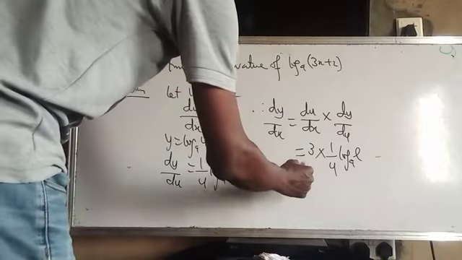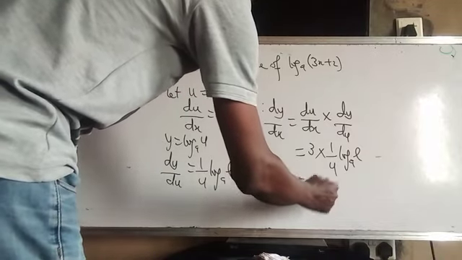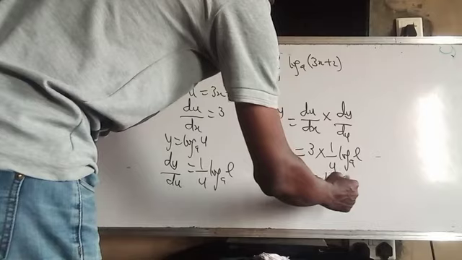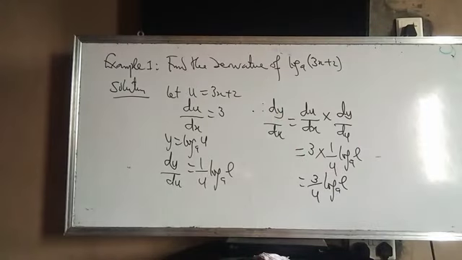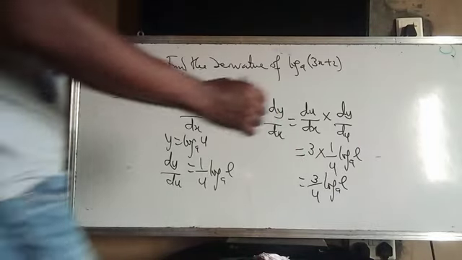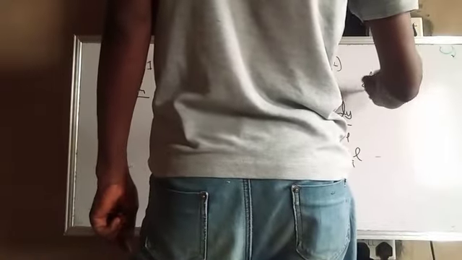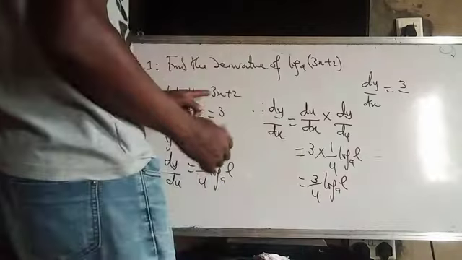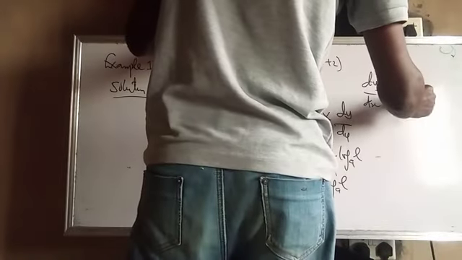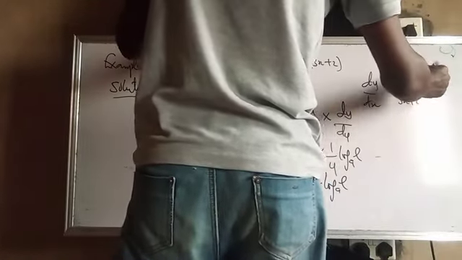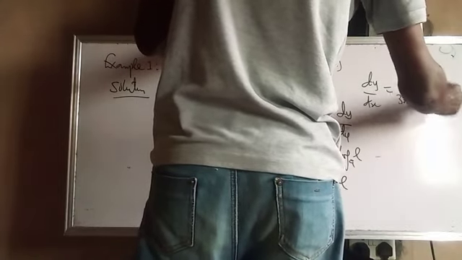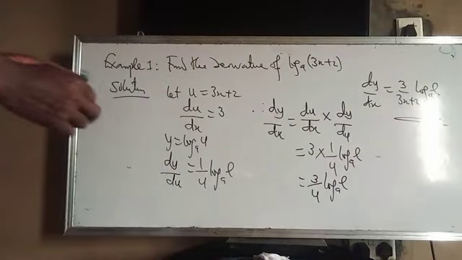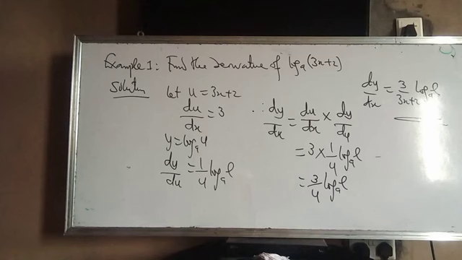So this one will give us 3 all over u log e base a. And that will be dy/dx is 3 all over, what is our u? 3x plus 2, then log e base a. So the problem is solved. I hope you understood that.